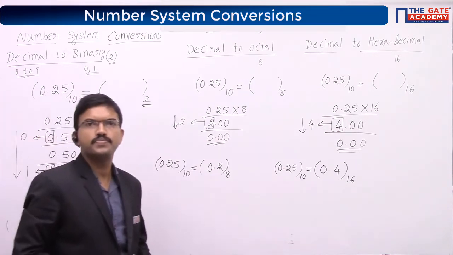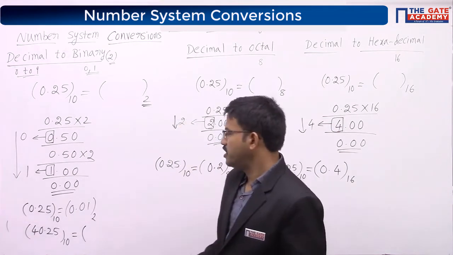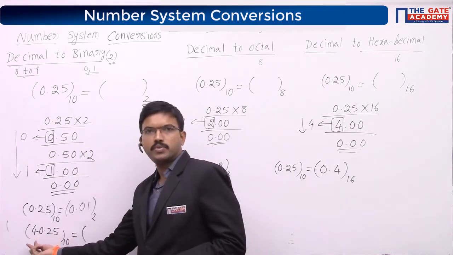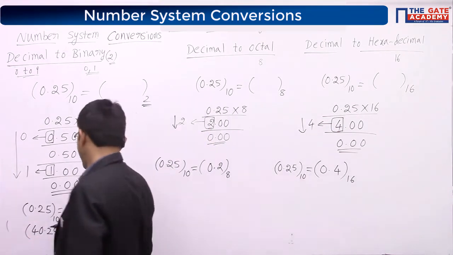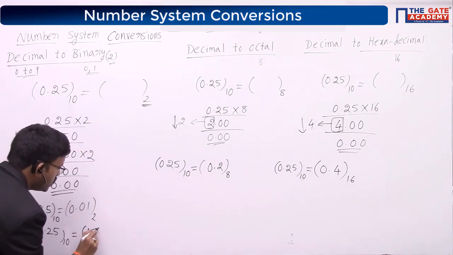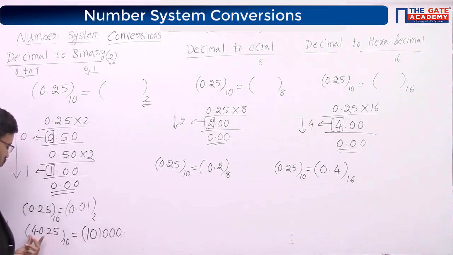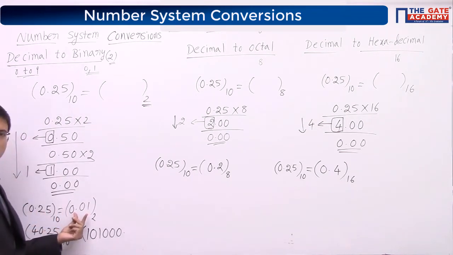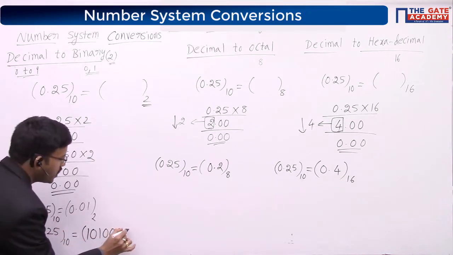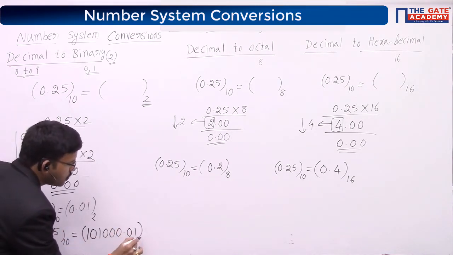Just check once. Previously we converted the number 40, the integer part. 10100, right? So 10100 is the binary number corresponding to decimal number 40. For 0.25 we got 0.01. So by adding those two, here I will get 101000.01 base 2.